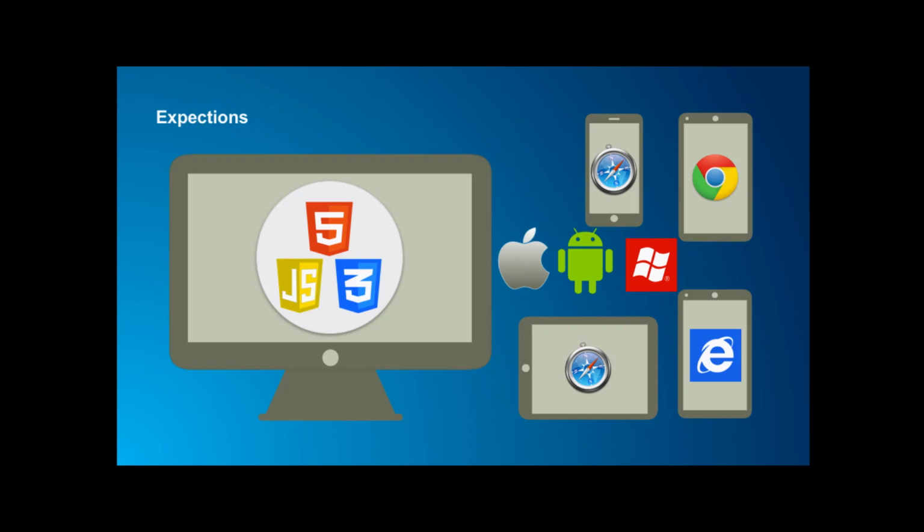So the understanding is that you're here because you're web developers. You want to leverage HTML, CSS, and JavaScript to target many devices and viewpoints: desktop, tablet, phone, and then potentially different types of device vendors as well.